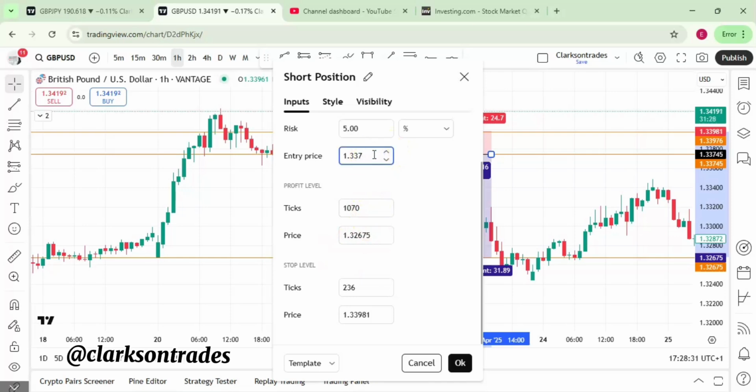So for entry price here, it's supposed to be 1.33745.